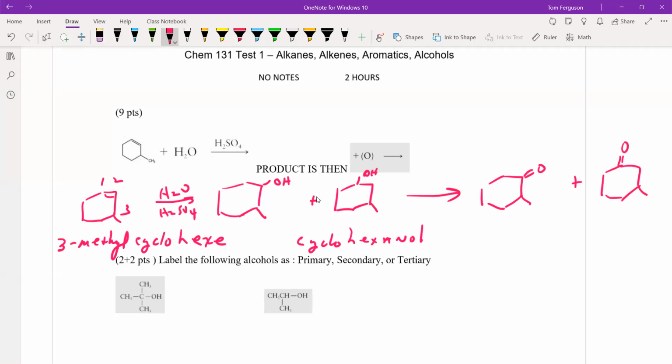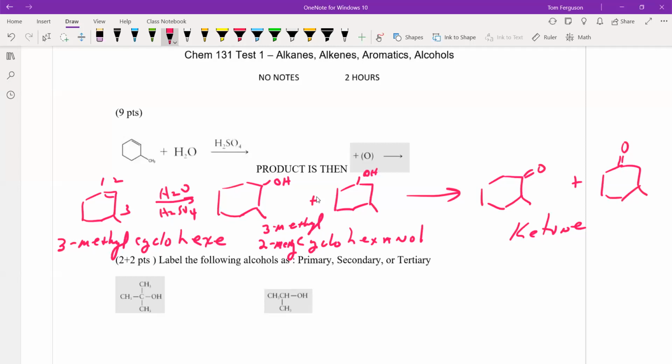And we have 2-methyl and 3-methylcyclohexanol. And these are ketones. You don't have to name those. That's unit 2 stuff. So that's a 2-step synthesis. In organic chemistry, it's very, very common to have 2, 3, 4 multi-step in a synthesis.